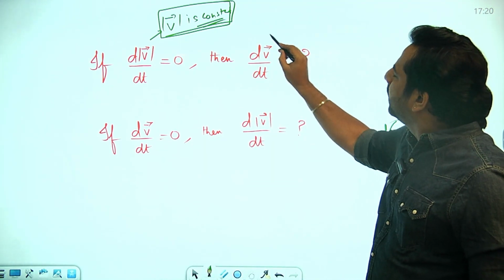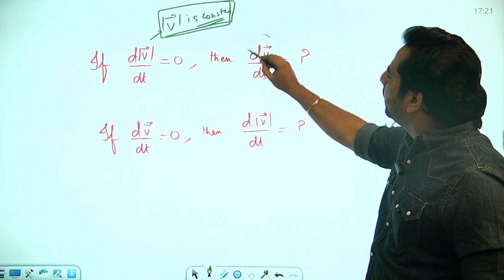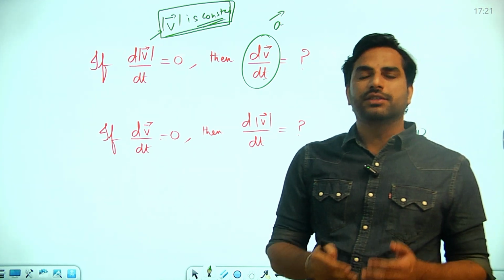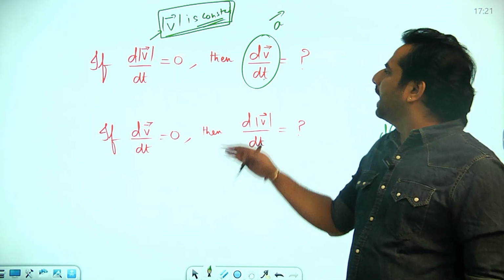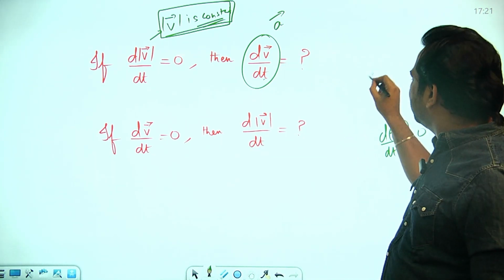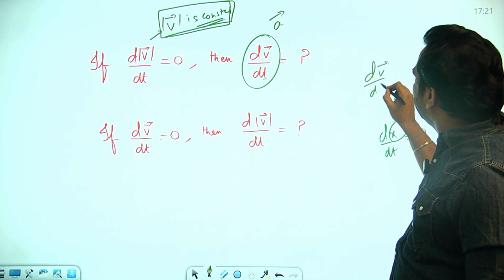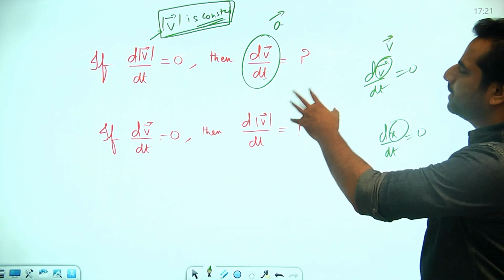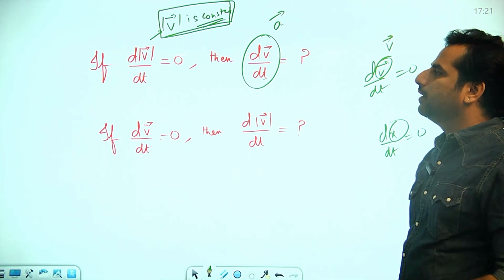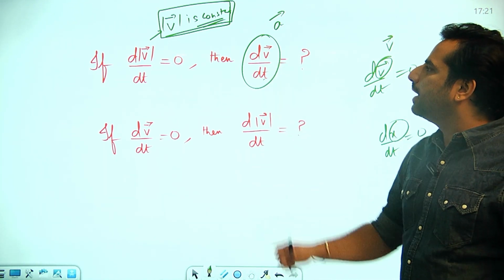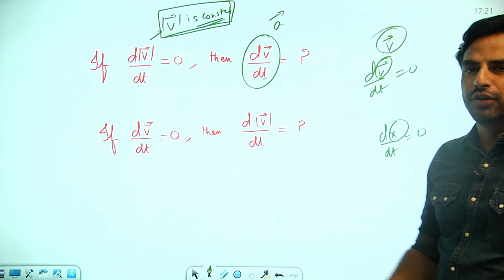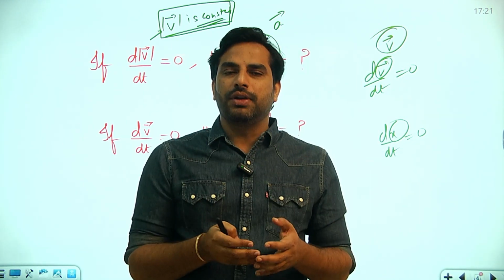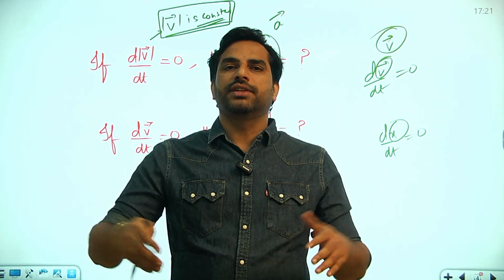If the speed is constant, then what about dv bar by dt, which is nothing but acceleration? If the speed is constant, can I also say that dv bar by dt is 0? If I say dv bar by dt is 0, what I am actually saying is that v bar is constant. Basically, this question is asking: if modulus of v bar is constant, can I say v bar is constant? No. If the magnitude of velocity is constant, the direction can still change.